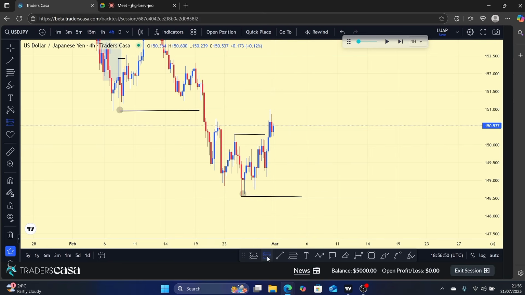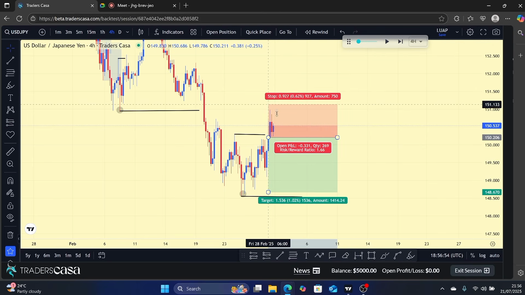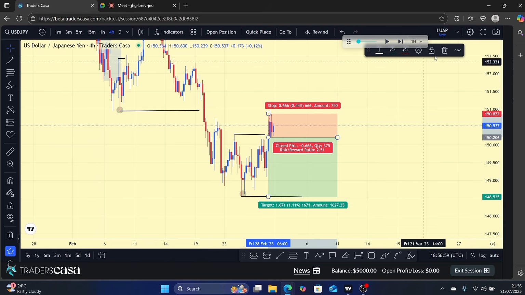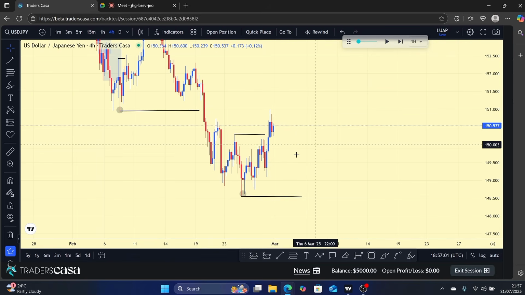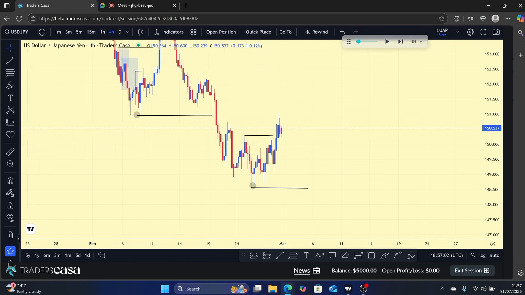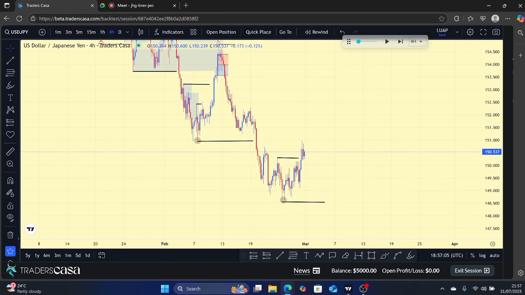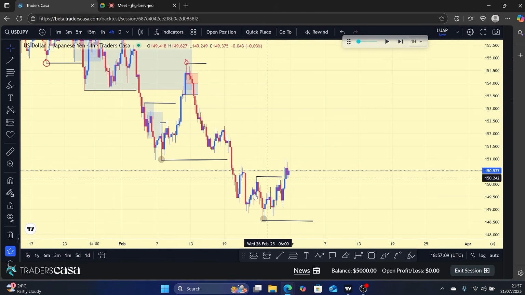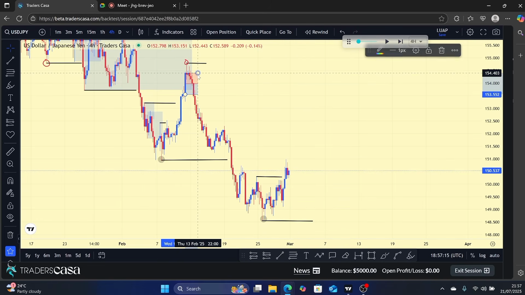If I just took the entry upon seeing this rejection and placed my stop loss above there and targeted this low, you can see I would end up being stopped out, and it wouldn't be worth calling a valid loss, because that was an invalid loss. So price has taken out our major inducement, and that's the right moment to mark the POIs.